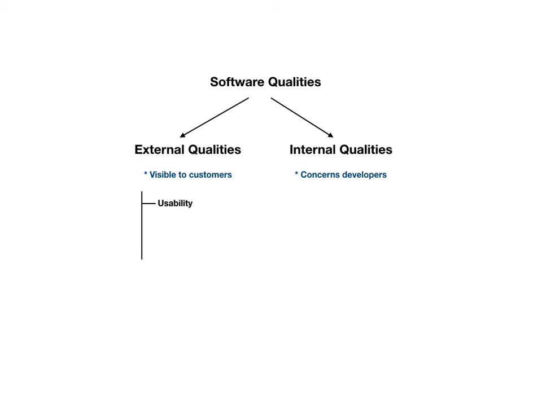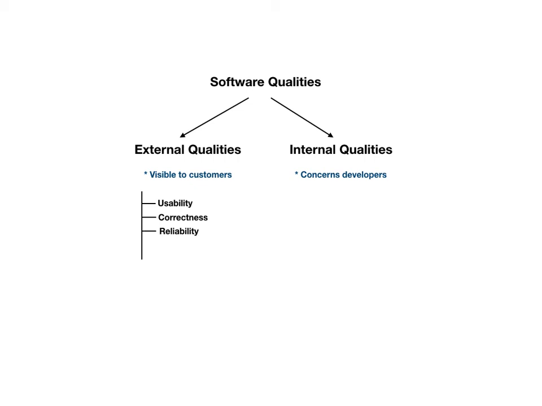The next one is correctness. The keyword is that it satisfies requirements: how well your software is satisfying those requirements. That's the correctness of your software.